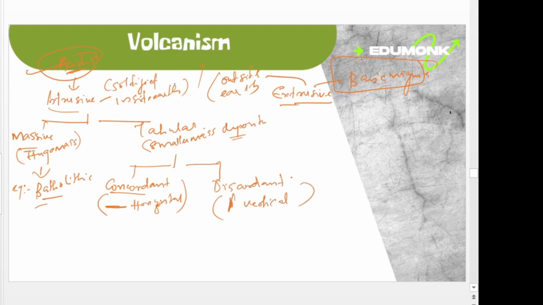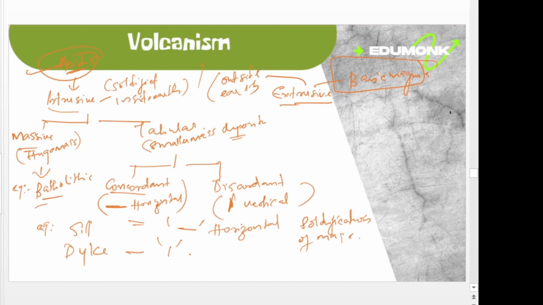For example, first one is sill. You may have heard about sill. Sill means the horizontal solidification of magma. Then dike. This is the vertical solidification of magma.